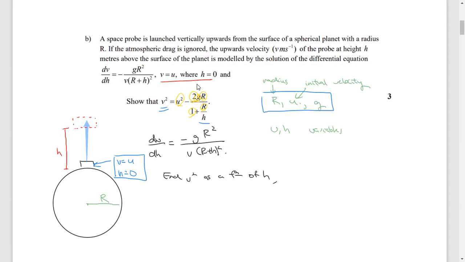So hopefully we've got enough space here to do it. I will probably just do this on the whiteboard just to be safe.